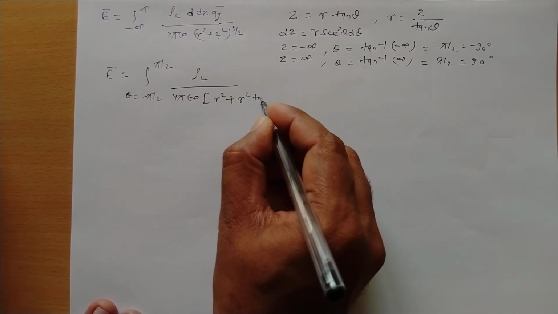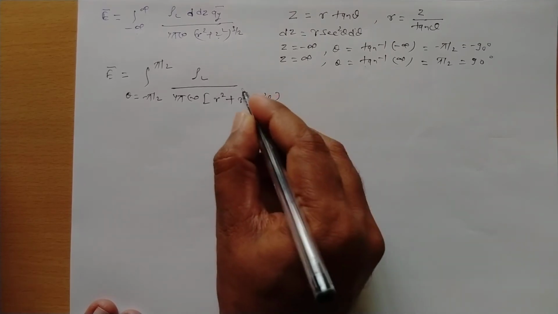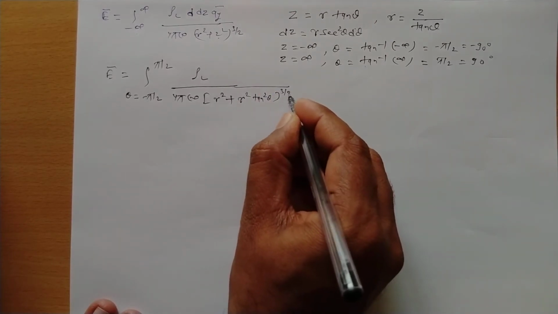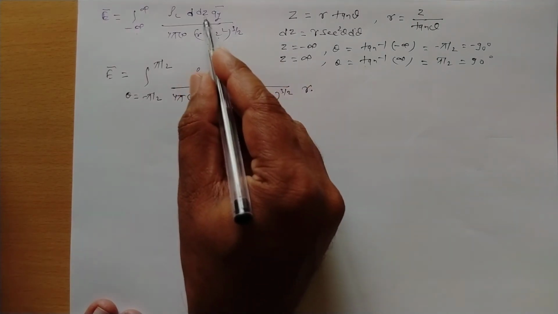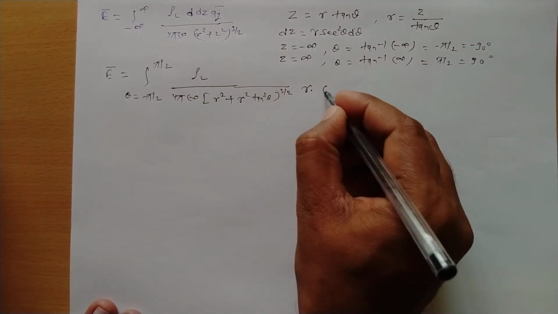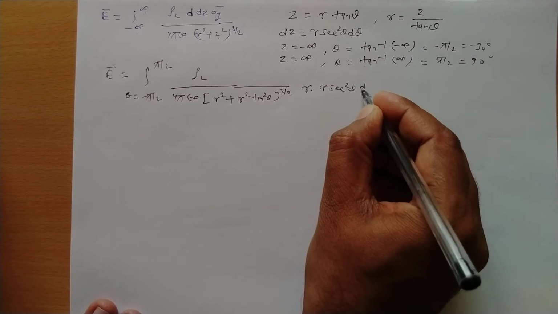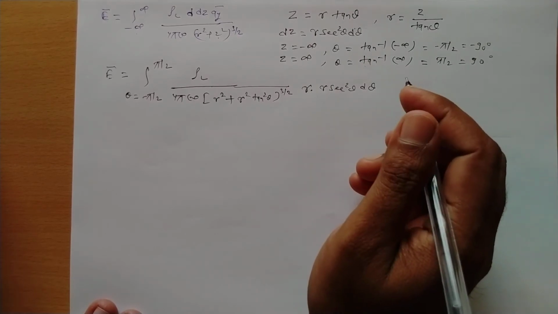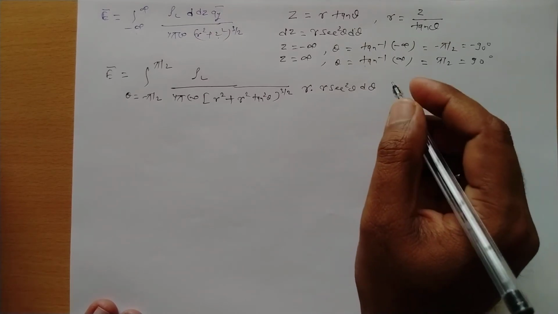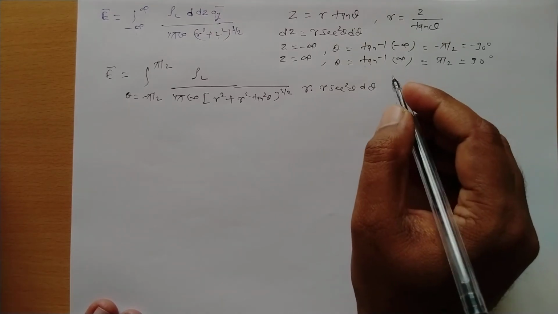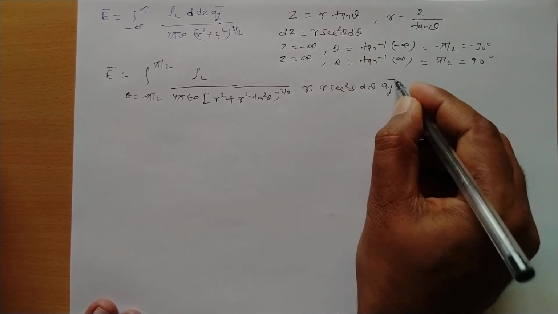This becomes r squared tan squared theta whole power 3/2, and this is r, and this is dz. We know this is given by r sec squared theta d theta, right? So this is the value of dz, and this is along the ay direction.